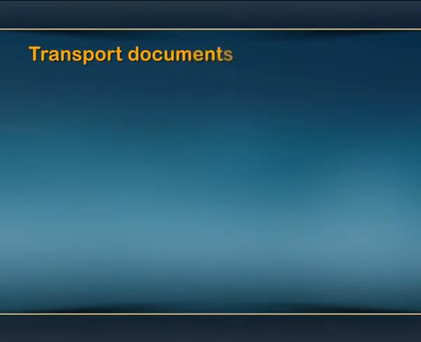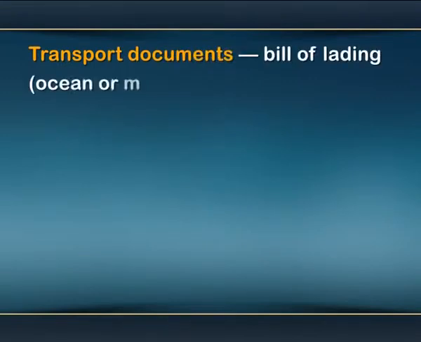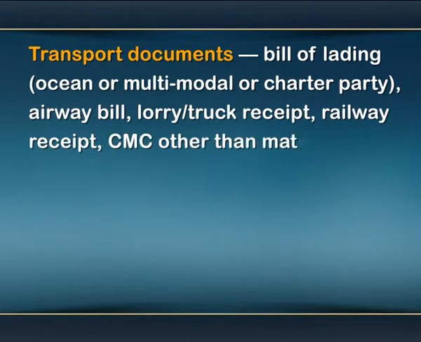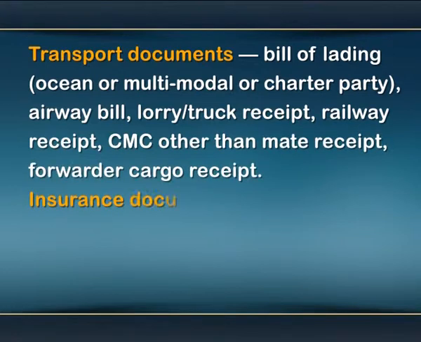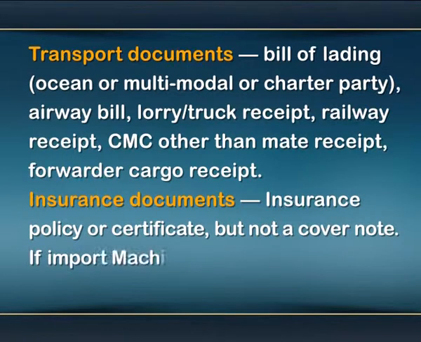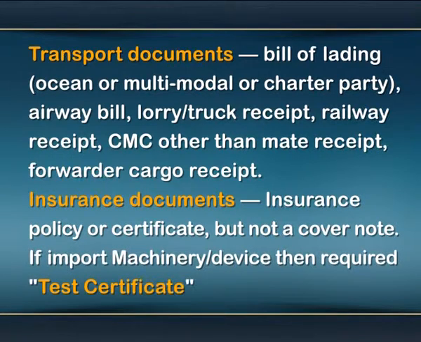Transport documents: bill of lading, ocean or multimodal or charter party, airway bills, lorry and truck receipts, railway receipts, CMC other than mate's receipts, forwarder cargo receipts. Insurance documents: insurance policy or certificate but not a cover note. If importing machinery or devices, then test certificates are required.